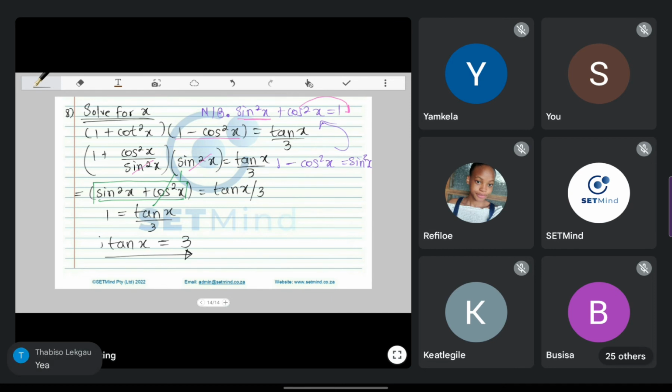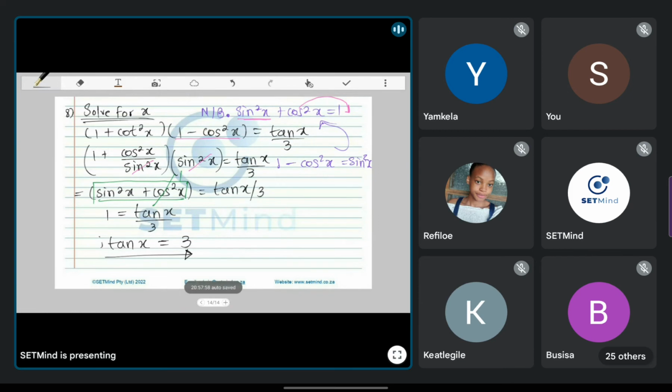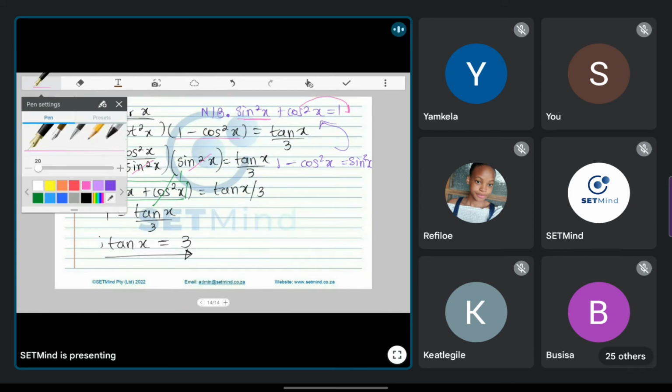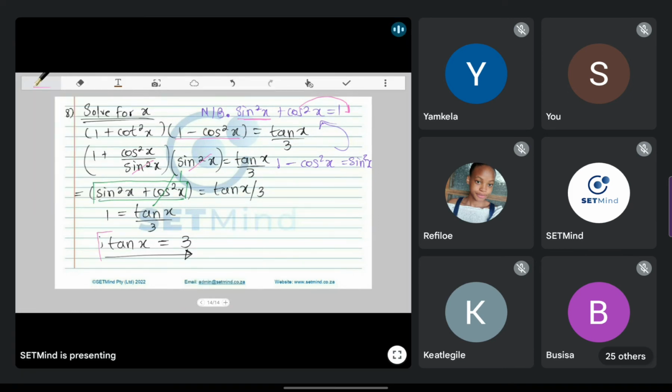So I can't see the chat member. They are saying yes. Oh, nice. So from here it's up to the calculator to give you the answer. It's so nice. Okay, cool.